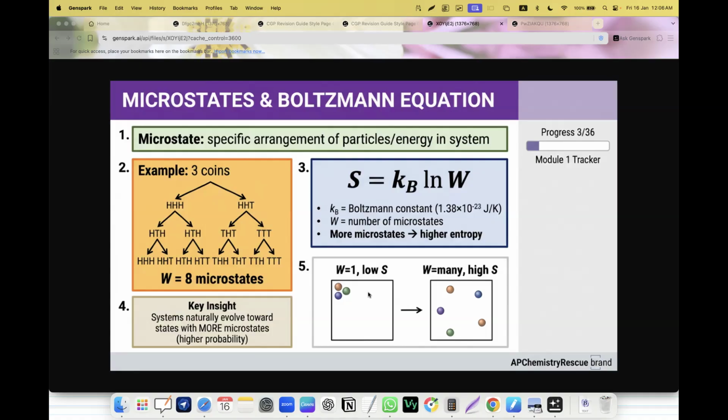That's W equals 1, very low entropy. But they can be anywhere in the box. There can be endless arrangements of these particles. This particle can be to the right, this one to the left, and so on. So these are different microstates, a very big number of possible positions. So W is huge, and entropy is very high. Nature always favors the high entropy state because it's overwhelmingly more likely to happen.